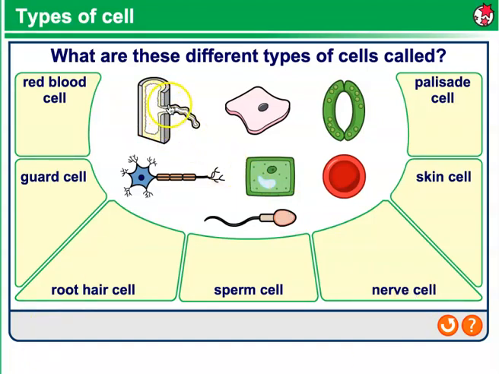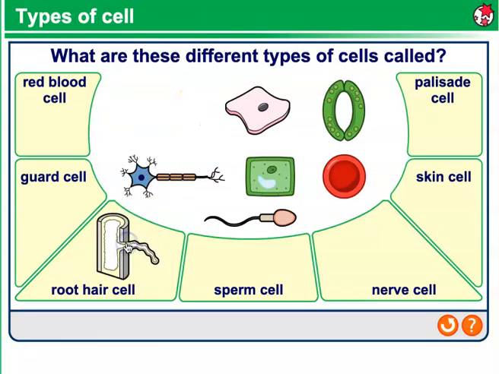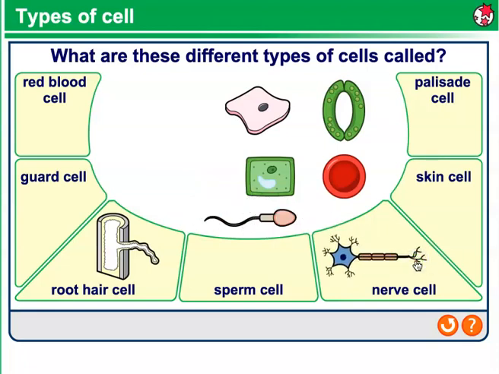This cell right here has a projection that's coming out of it. This is a root hair cell. The root hairs are responsible for absorption of water or other nutrients in the ground. This long cell is a nerve cell.